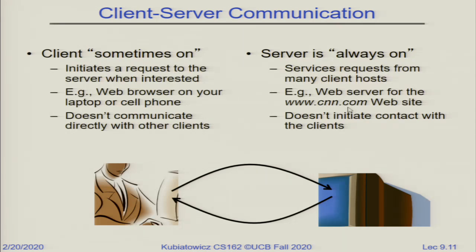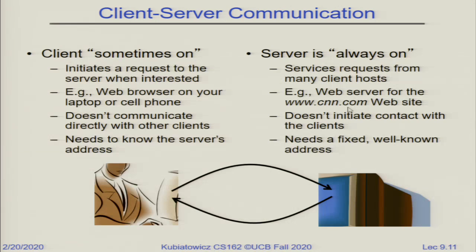It's a client-server, server-client thing. Okay? And then finally, the client needs to know something about the server in terms of its address, and the server needs to have a standard address. Otherwise, you can't match these two up. So this is the question about how do we connect these two endpoints together. Okay? So, how do we do that?